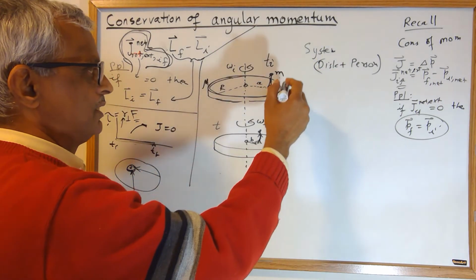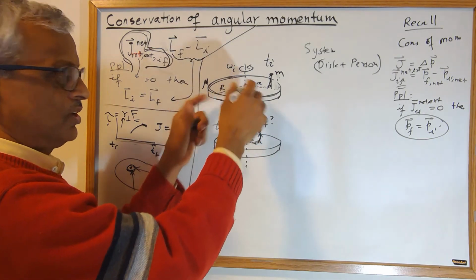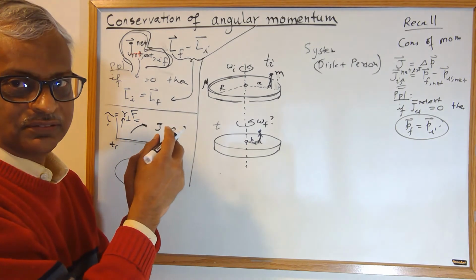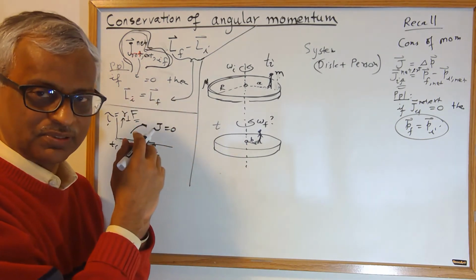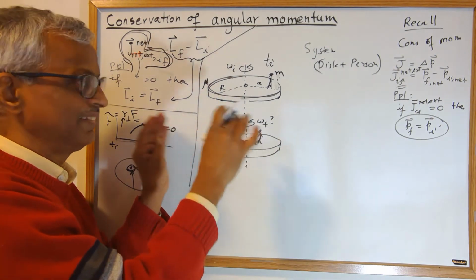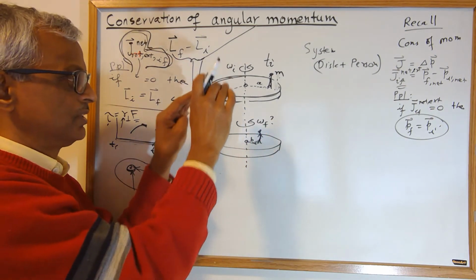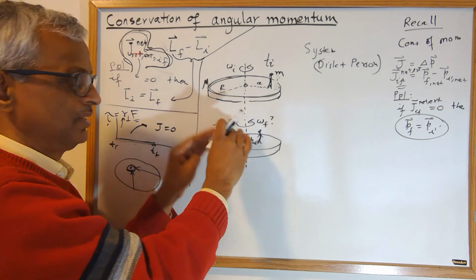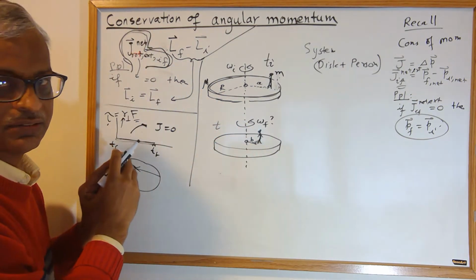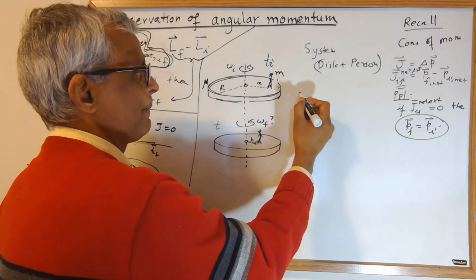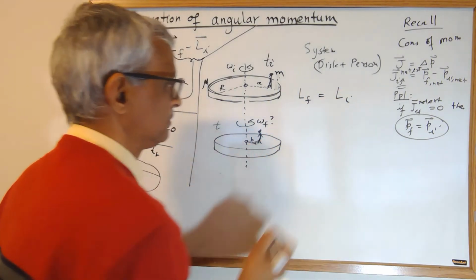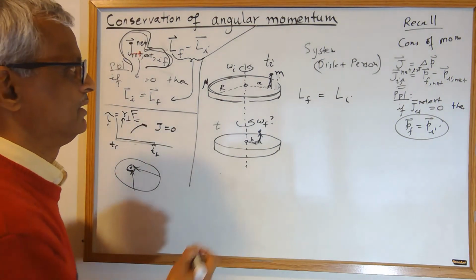The external forces on them are not changing, so we can just ignore the external force. During this time there is gravity and other things, but they're not changing. So the internal forces between them are not going to impact the left side of this equation. So we will see L_F equals L_I will be applicable.